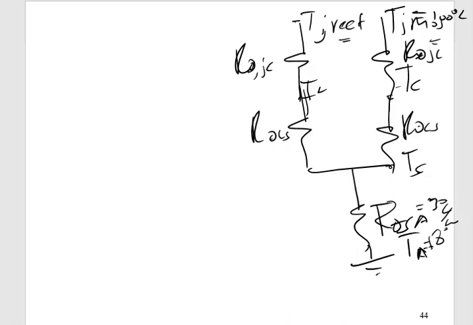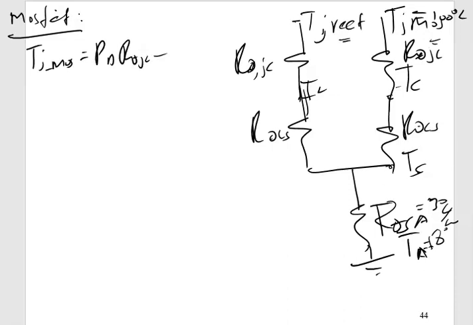Okay, first what we need to do is settle one by one. So we look at our MOSFET, the main switch or the main part inside our converter. So we consider the MOSFET part first. So MOSFET, TJ of our MOSFET is equal to PD times (R thermal JC plus R thermal CS plus R thermal SA) plus TA.